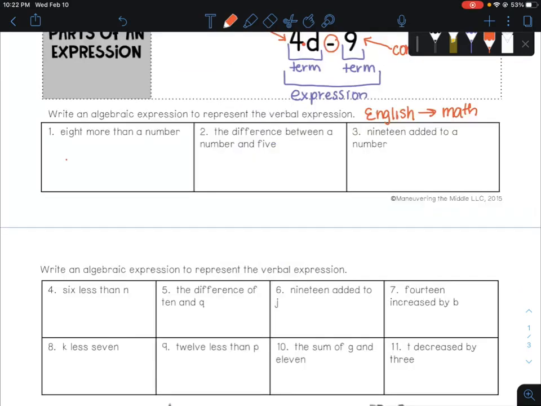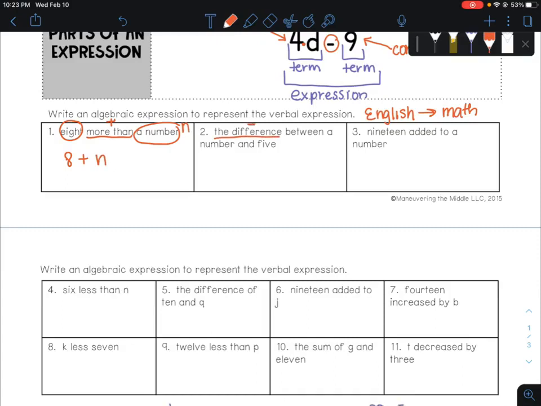So for our examples here, let's use annotation. We're going to write the English as math. So circle the numbers, and a variable also counts as a number. So where it says a number, that just means a variable, a number we don't know. And then I'm going to underline the operation, more than. And I know that that's plus because it's in my list. So it means 8 plus, and then we need a variable. I'm just going to use n for number, but you could use whatever letter you want. 8 plus n.